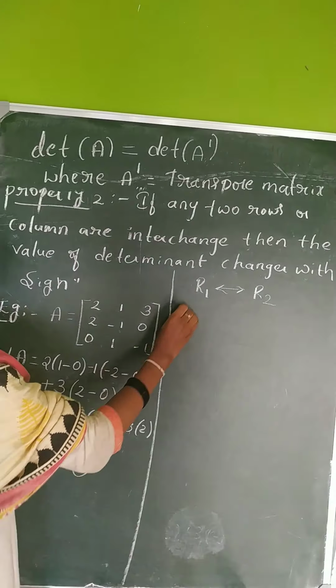Now the determinant of this, determinant of A, which is 2 minus 1 0, 2 1 3, 0 1 minus 1. Okay, so here is 2 into the first row and first column, 1 into minus 1 is minus 1. Minus 1 into 3 is minus 3.